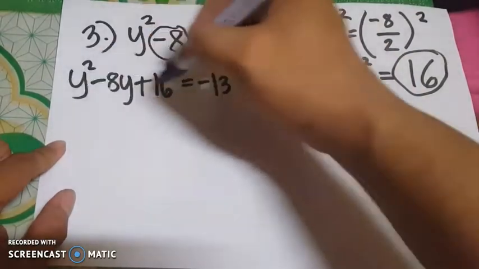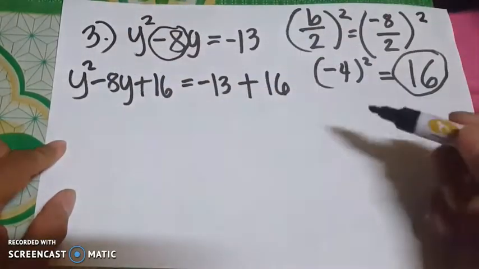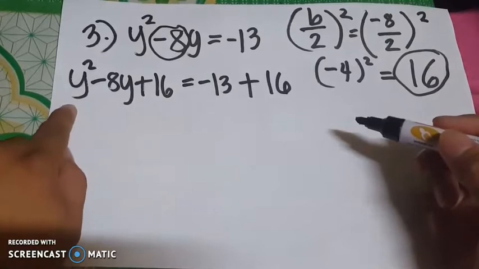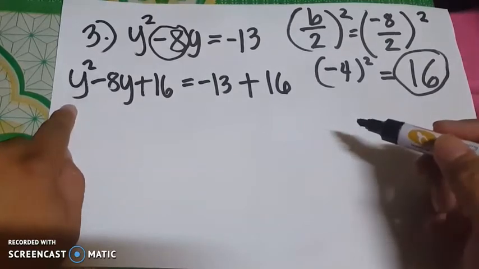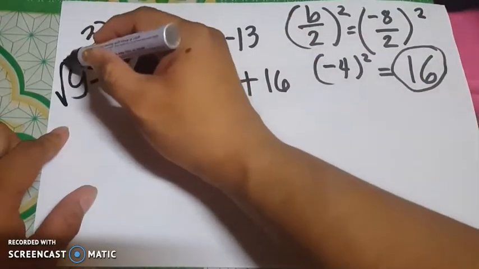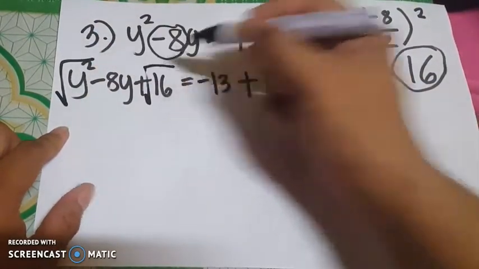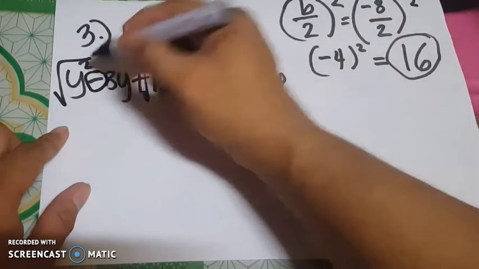Then, since this left side is already a perfect square trinomial, we can now find its factors. We know that its factors are the square of a binomial. So, by just simply getting the square root of the first term and the square root of the last term, then knowing the operation of the middle term.